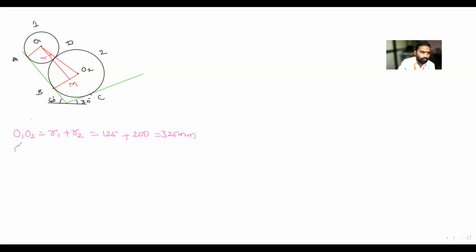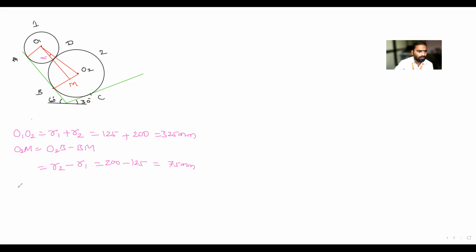O2M is O2B minus BM. O2B is the radius of the second cylinder, R2, minus BM. BM is equal to O1A, the radius of the first cylinder. So that is 200 minus 125, which is equal to 75 mm.